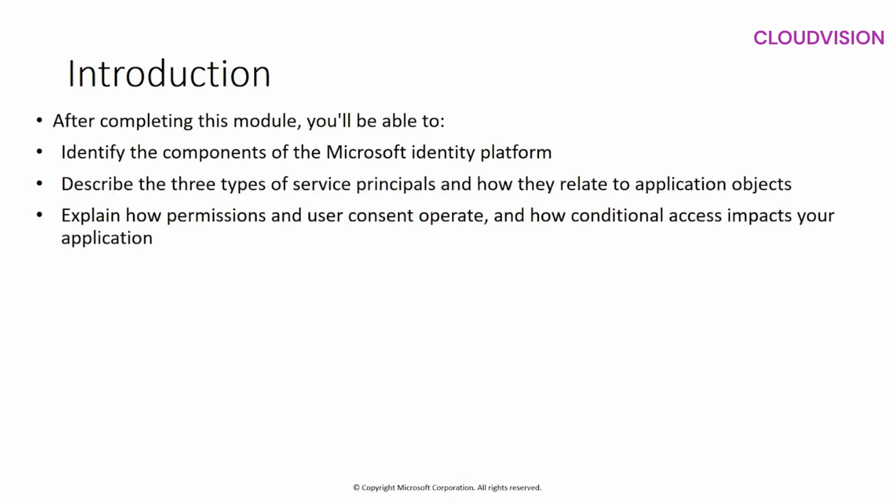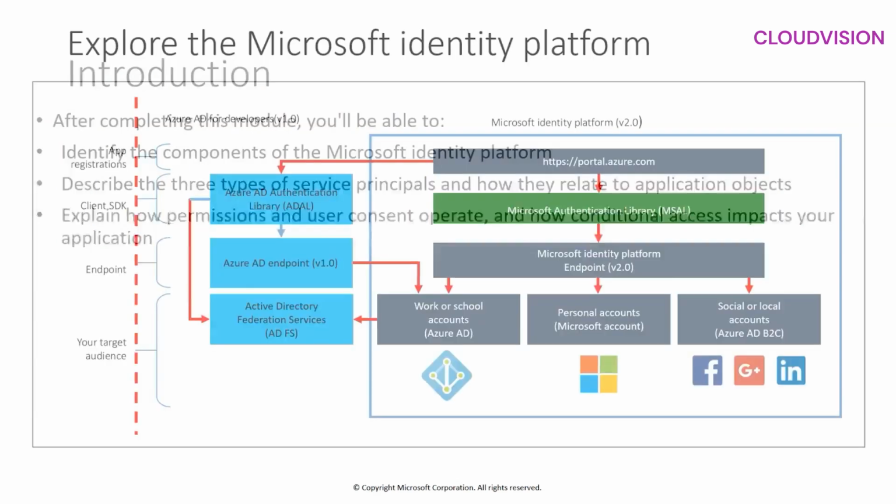After completing this topic, you will be able to identify the components of the Microsoft Identity Platform. We will also get to know 3 types of service principals and how they relate to application objects, how permissions and user consent operate, and how conditional access impacts your applications.